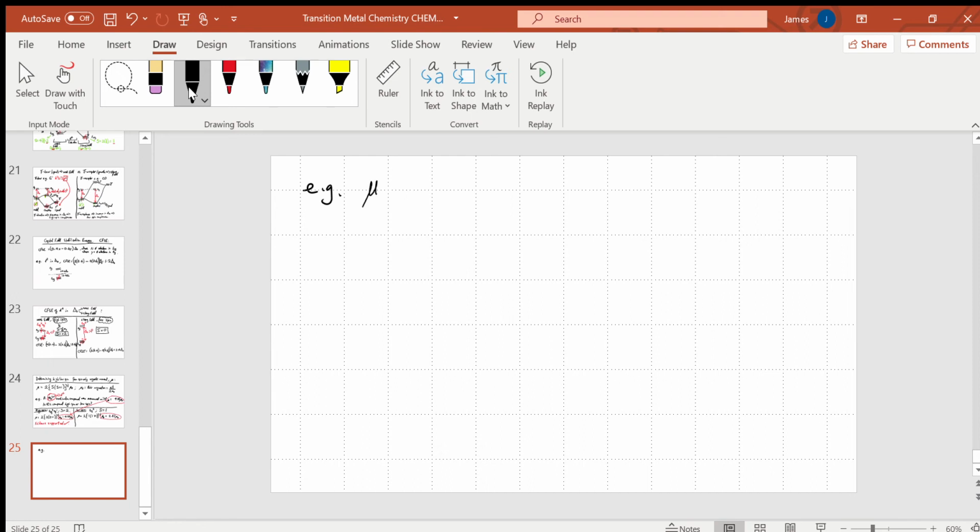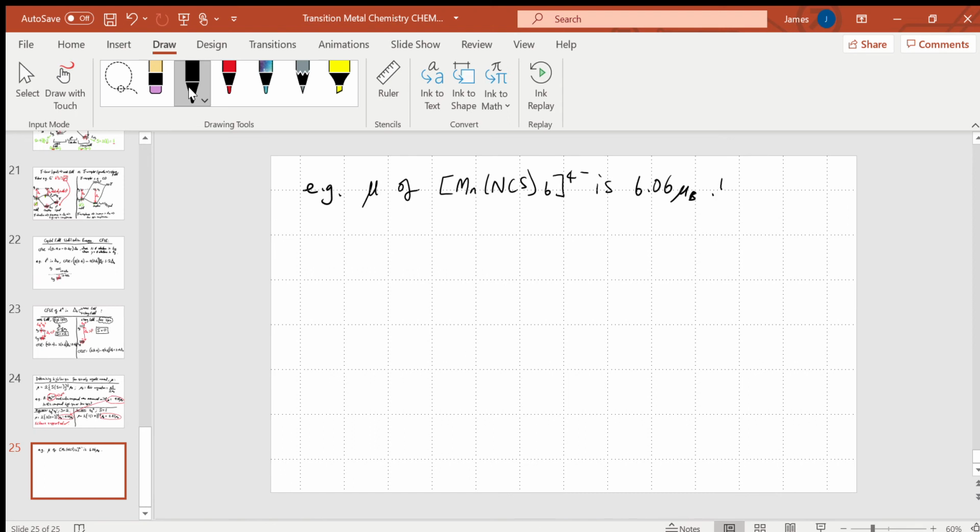The magnetic moment of this complex, Mn, so it's another manganese compound, but we're told it's NCS 6 4 minus, is 6.06 Bohr magneton.